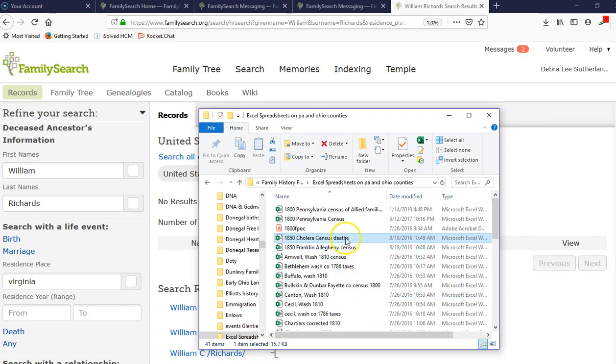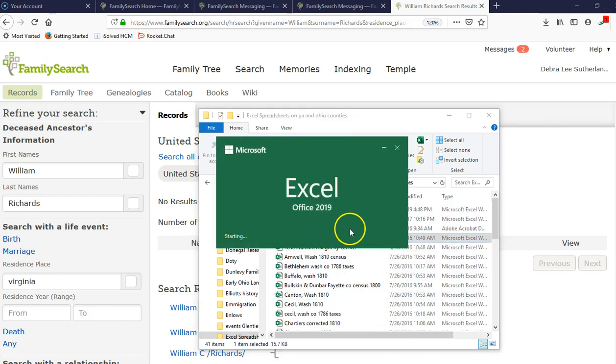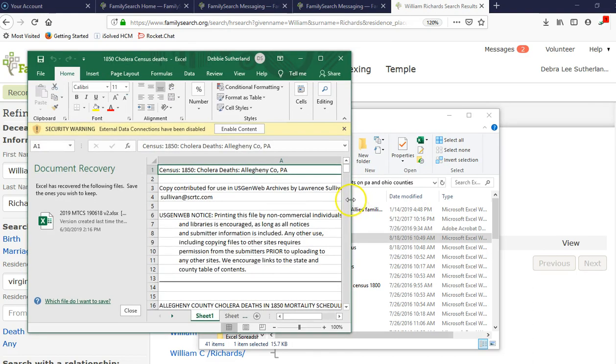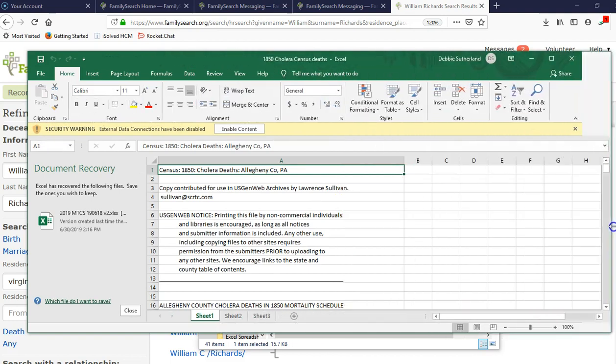So you can find censuses on them, and it's going to show you who died during that time. And this is another thing that would help if you're hitting a brick wall around this time frame: you might be able to find them in the death censuses instead of the regular censuses.